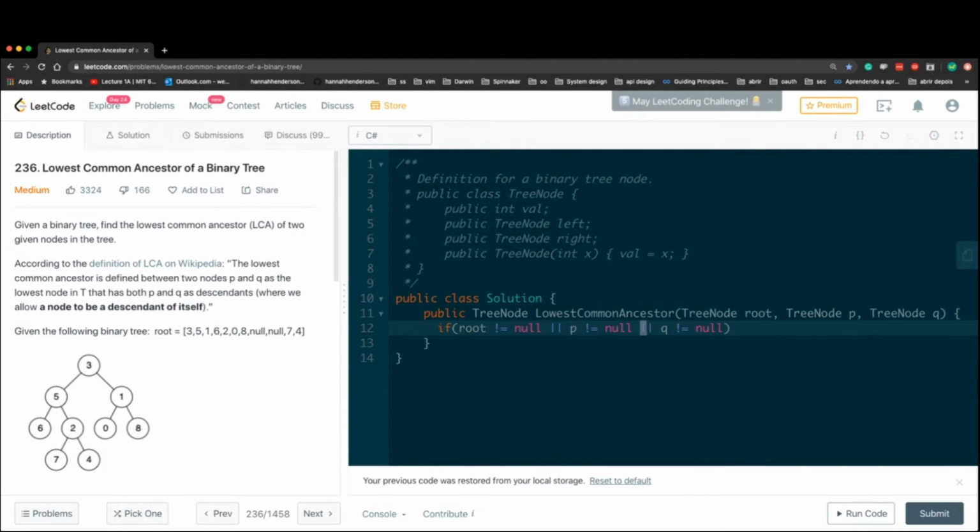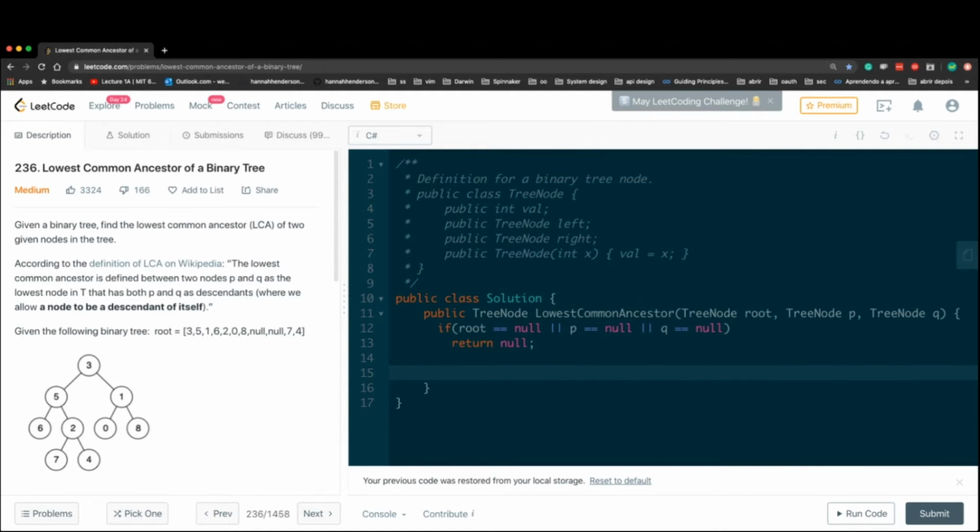Actually, here it is equals. So if root is equals to null or P is equals to null, we are checking here if any of our inputs is null, because if any of them is null, we will not find the lowest common ancestor, and in this case, we will just return null.